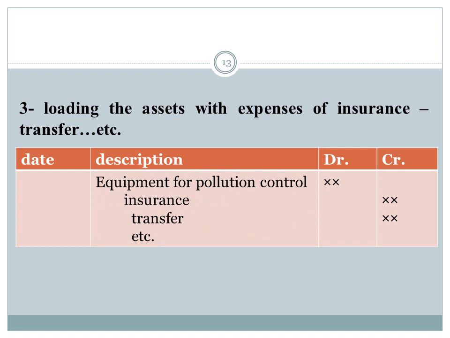The asset will be in the debit side because the asset is increased. Equipment for pollution control will be in the debit because this asset is increased, and these expenses will be in the credit side because these expenses will be closed in the asset.